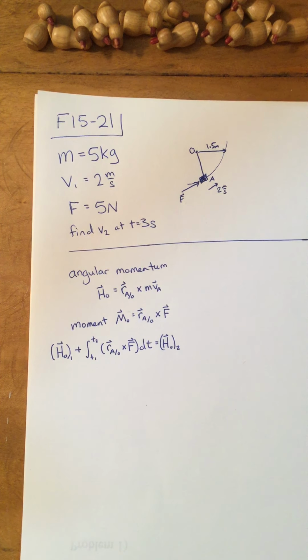So because it's perpendicular, the magnitude of the cross product is just going to be the length of this vector, which is 1.5, times the mass, which is 5, times the initial velocity, which is 2. And that vector, if we do the cross product using the right hand rule, it's going this way for the vector r, and this way for the velocity vector, so that's in the positive k hat direction.